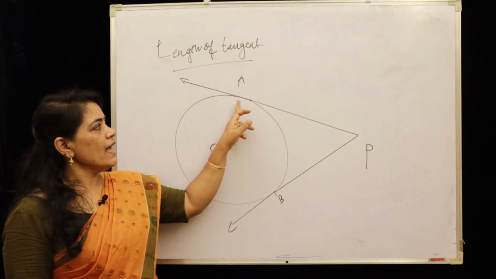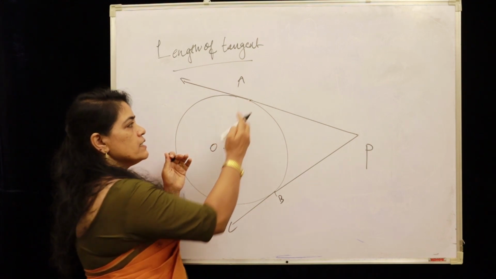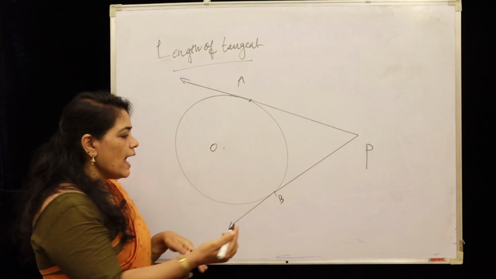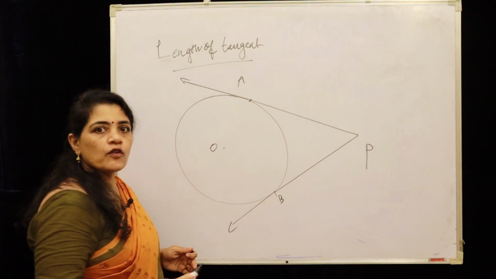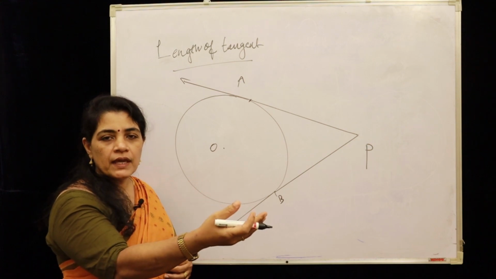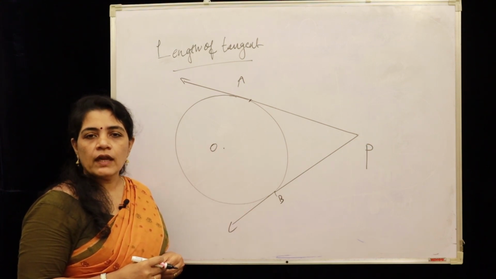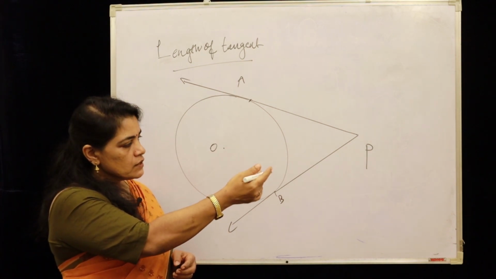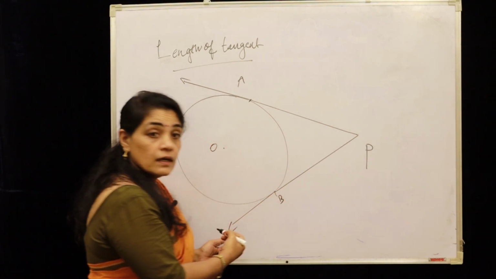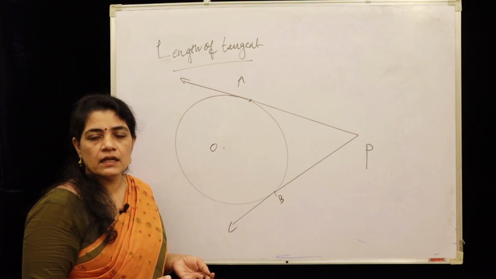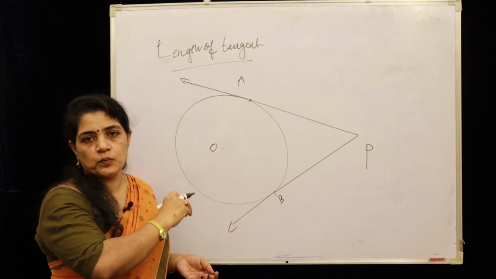That means A is the point of contact common between the circle and the tangent, and B is the point of contact between P, that is the point P, and the circle. So it is very clear. So what is the length of the tangent? From which point to which point?